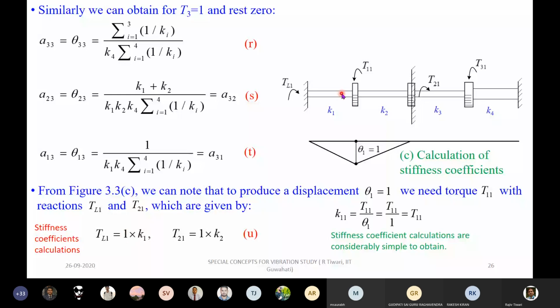So TL1 will be the displacement of the disk, that means the displacement of this particular shaft segment, theta1, which is equal to 1, multiplied by the stiffness, will give the torque at this end. Similarly, the torque at this end, because we are applying theta1 here, will be displacement 1 into the stiffness, which gives the torque T21.